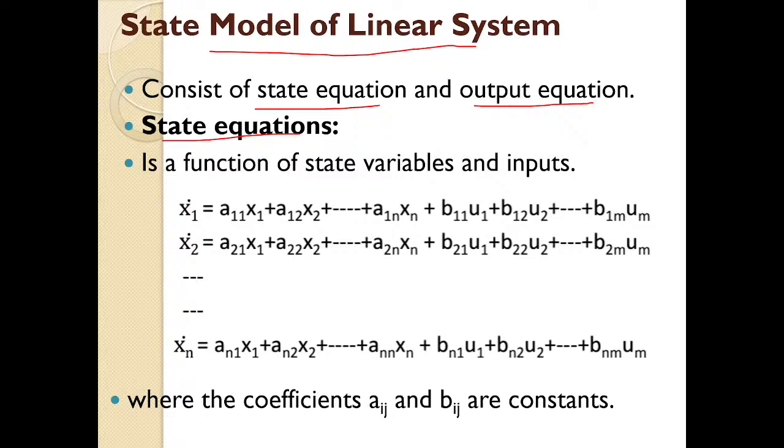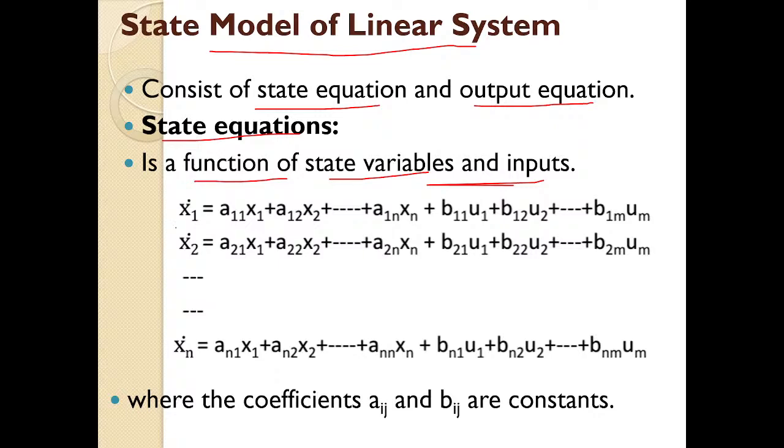So for a linear time invariant system, the first derivative of the state variables can be expressed as a linear combination of state variables and inputs. If we want to represent the first order derivative of state variables for a linear time invariant system, it is expressed like this.